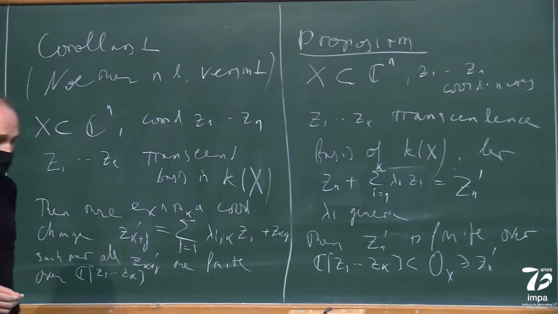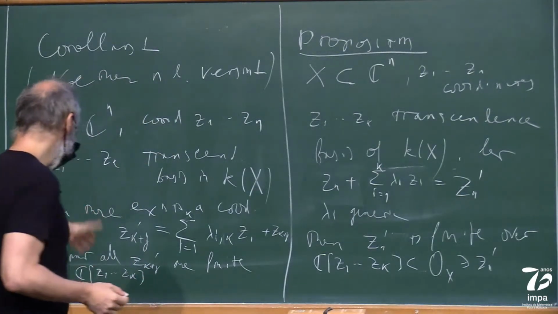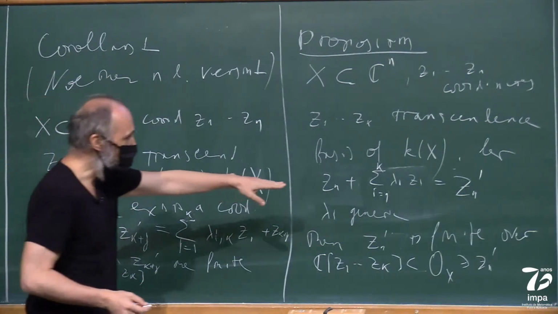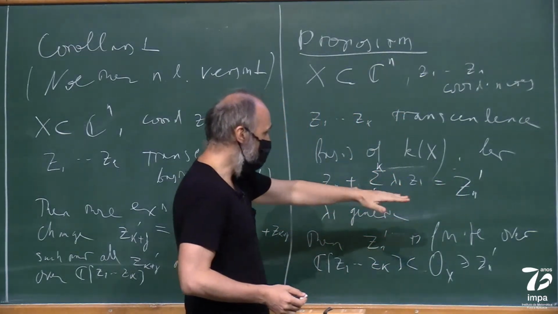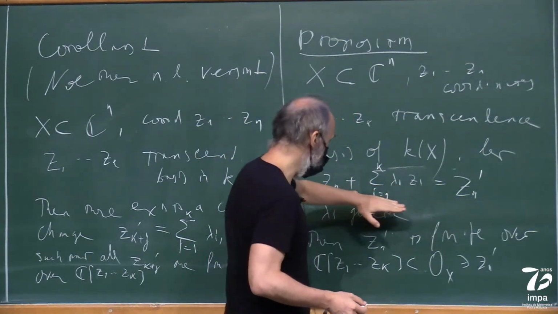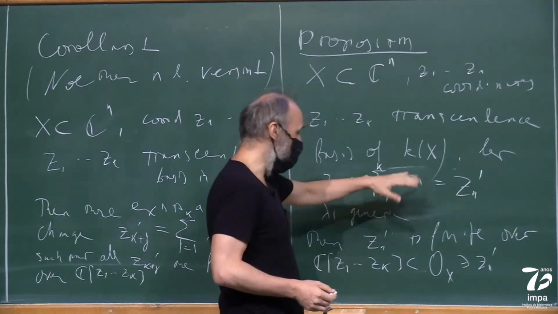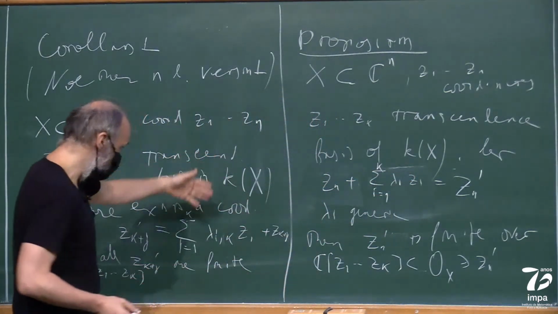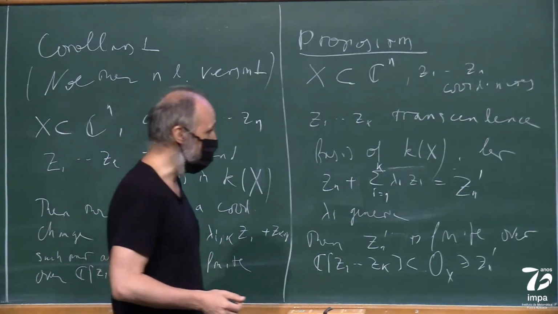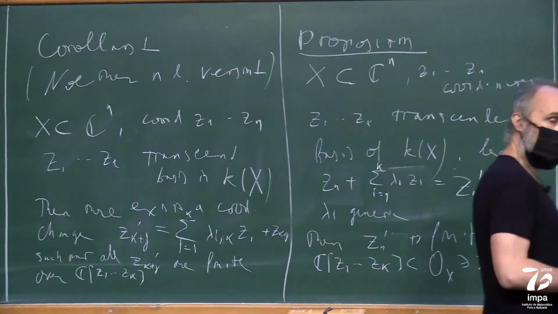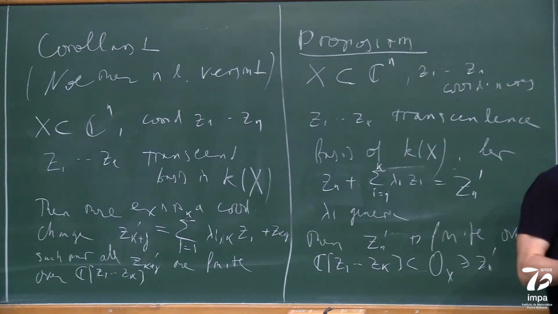You can use induction, or just without induction. You know that after you modify your last coordinates by adding the first k coordinates with coefficients, it becomes finite, so you can do it with each of your coordinates separately, even without induction. Am I clear? No?